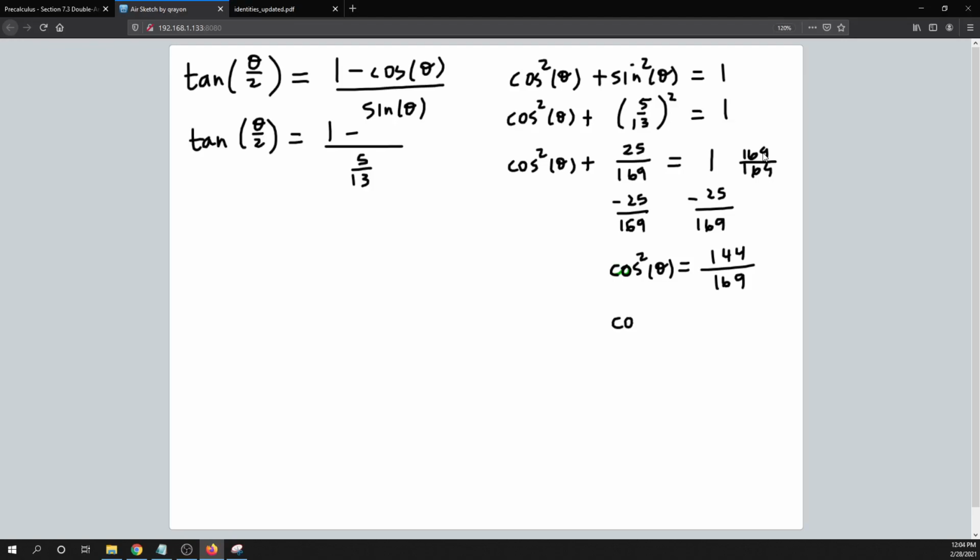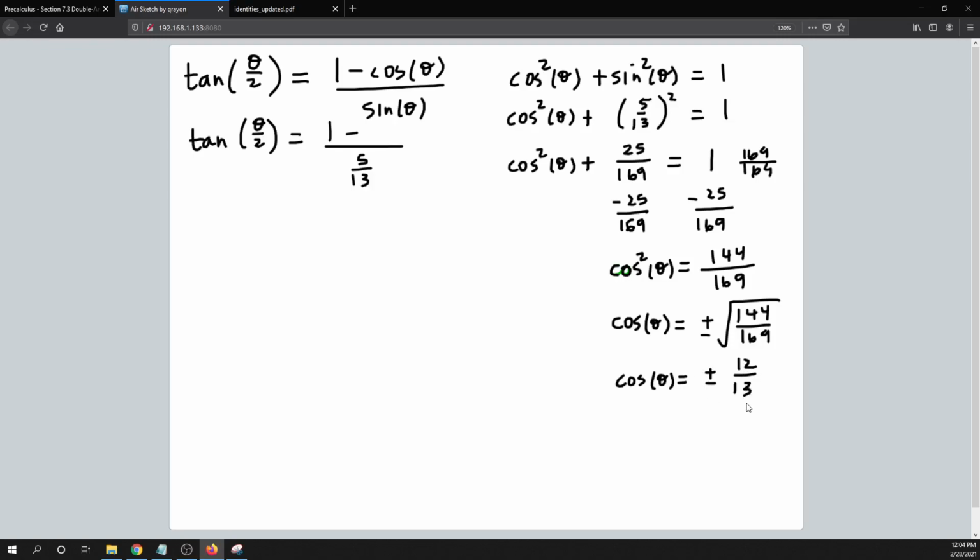And then take the square root of that. So I get cosine theta equals plus or minus the square root of 144, which is 12, over the square root of 169, which is 13. So I get plus or minus 12/13.